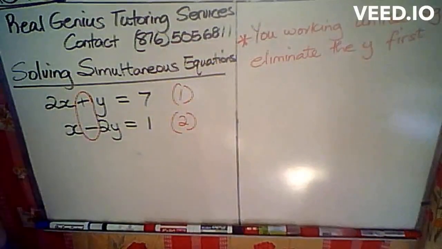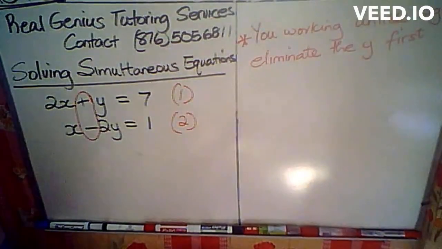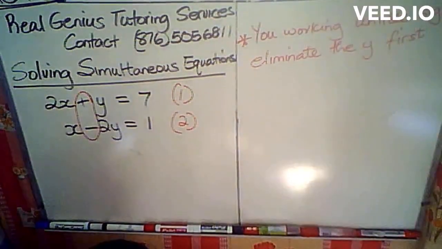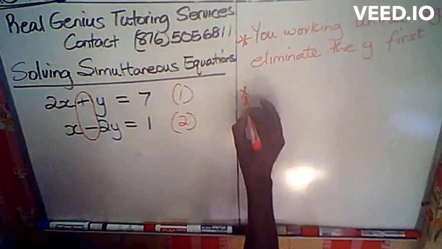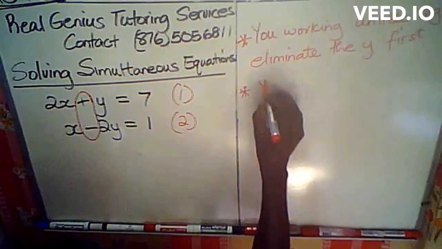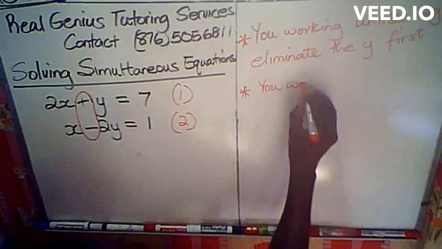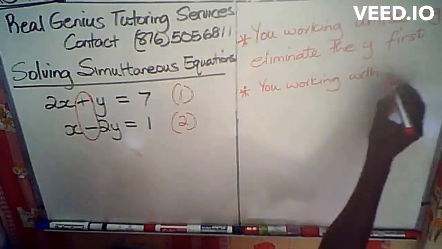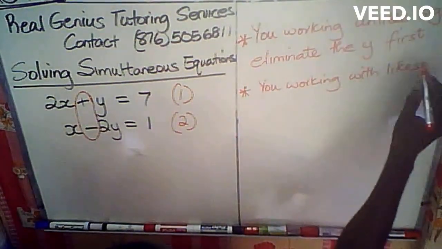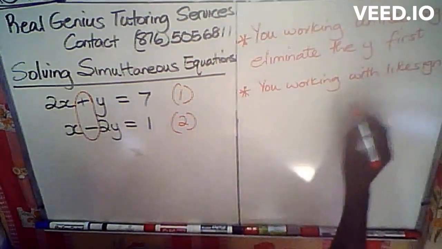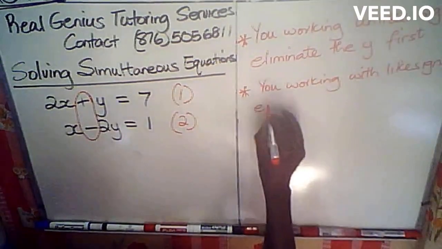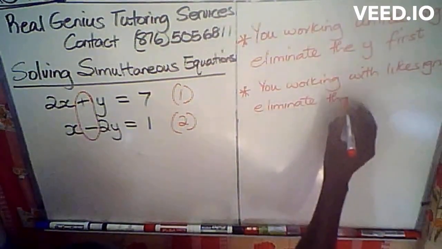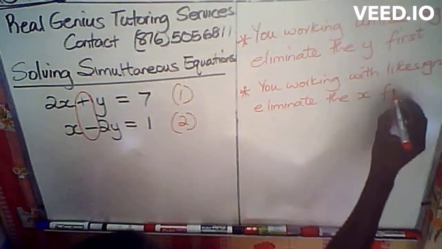So if you're working with unlike signs, which means a plus and a minus, you eliminate the y first. If you're working with like signs, you eliminate the x first.